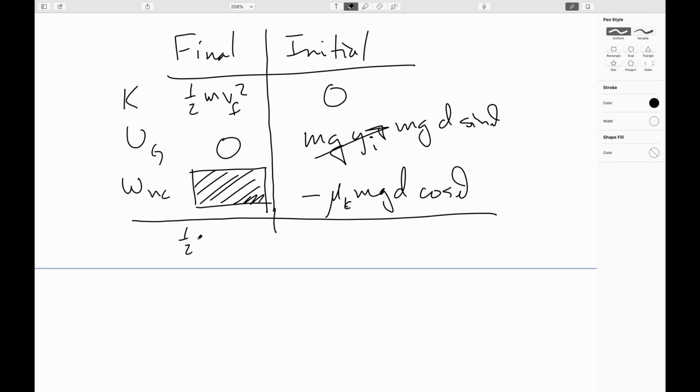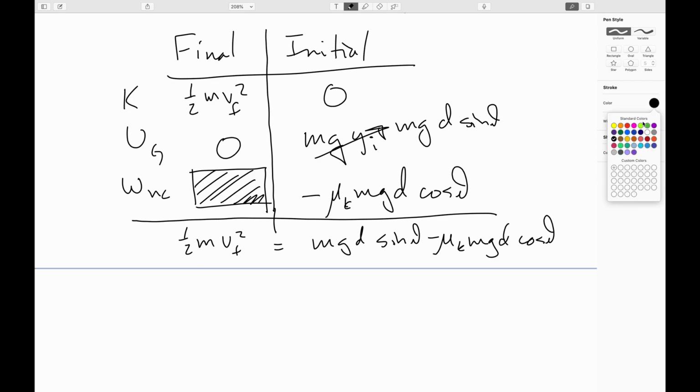So we have 1/2 mv final squared equals mg d sine theta minus mu k mg d cosine theta. Once again, since I didn't give you the mass of the box, it's a really good thing that it canceled.